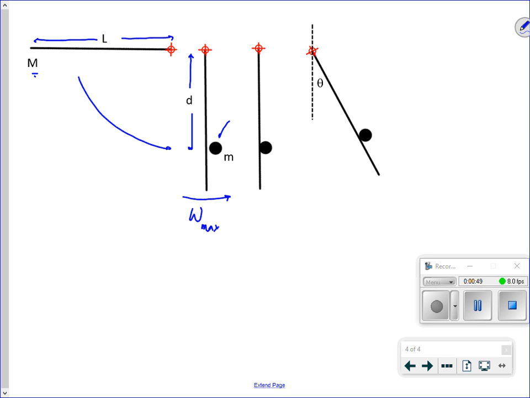And these things collide, and we get a new omega system, I'll call it. And then this system swings up through some maximum angular displacement theta max. All right.